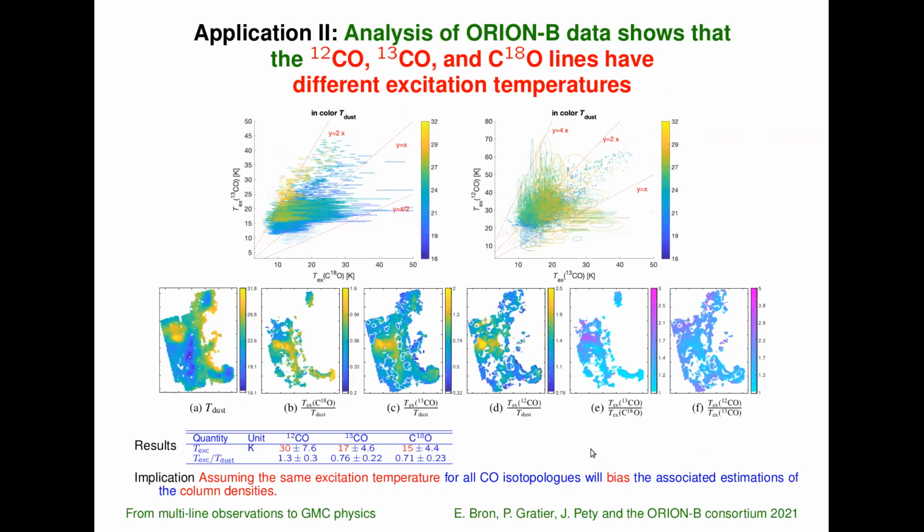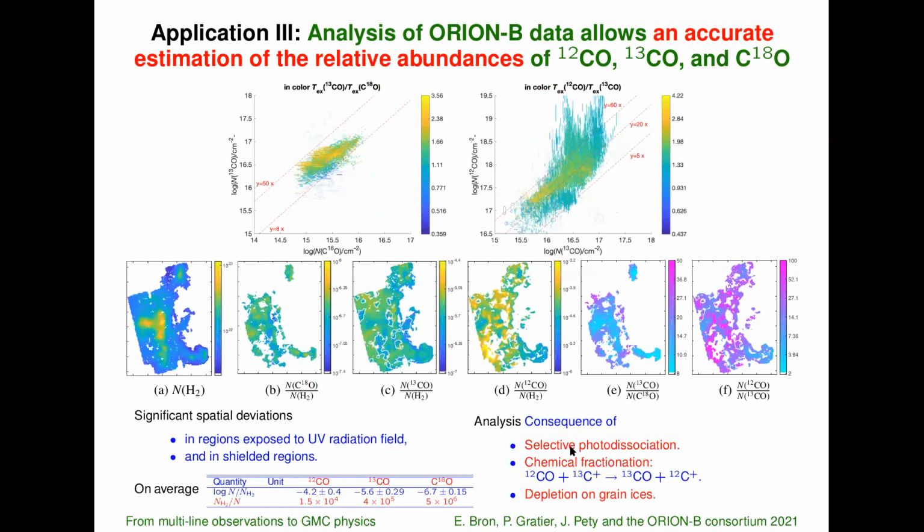So why is this important? It's because if you assume the same excitation temperature for all CO isotopologues, you will bias the estimation of your column densities. So here, that's not what we do. And in fact, we can get accurate estimation of column densities of 12CO, 13CO, and C18O, and thus relative abundances.